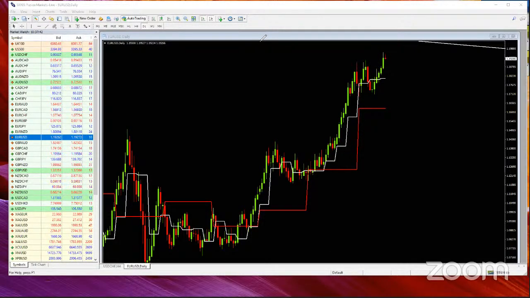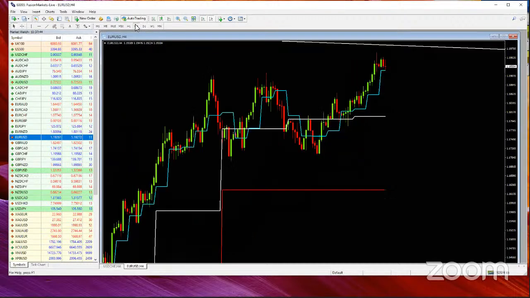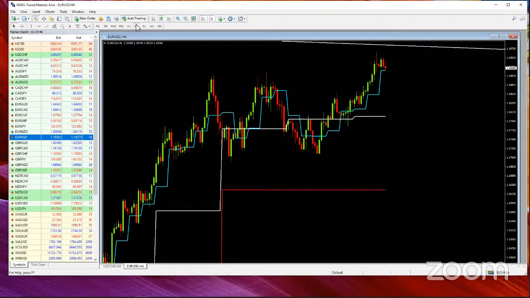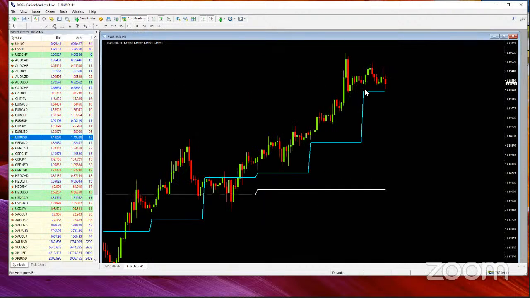Let's check on the 4 hour on the shorter term timeframes here. The 4 hour tells you that that is frozen in time, right on top of the daily pivot. So this is really telling me that the dollar index has got no direction.